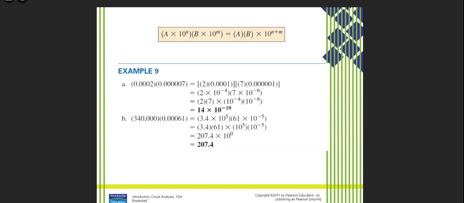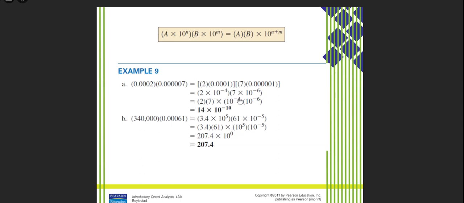Here is an example. This number is equal to 2 multiplied by 10 power of negative 4. This number is 7 multiplied by 10 power of negative 6. If I want to do the math, first I will multiply a and b together, so 2 multiplied by 7, which is 14.